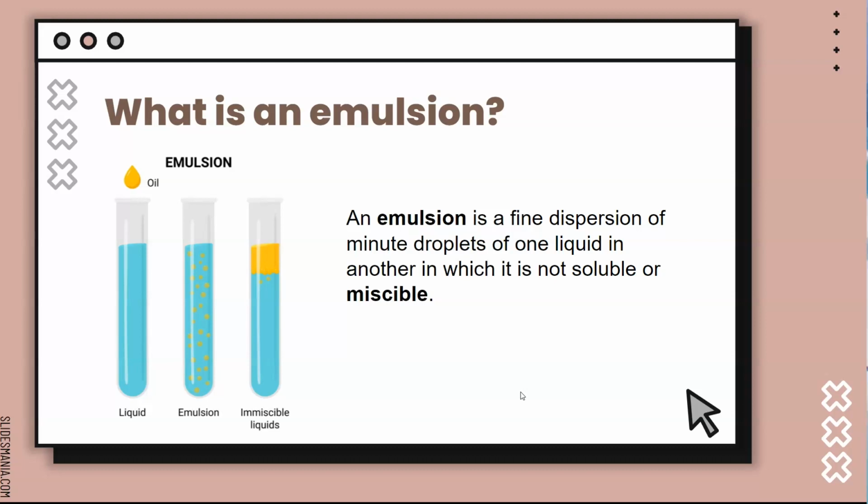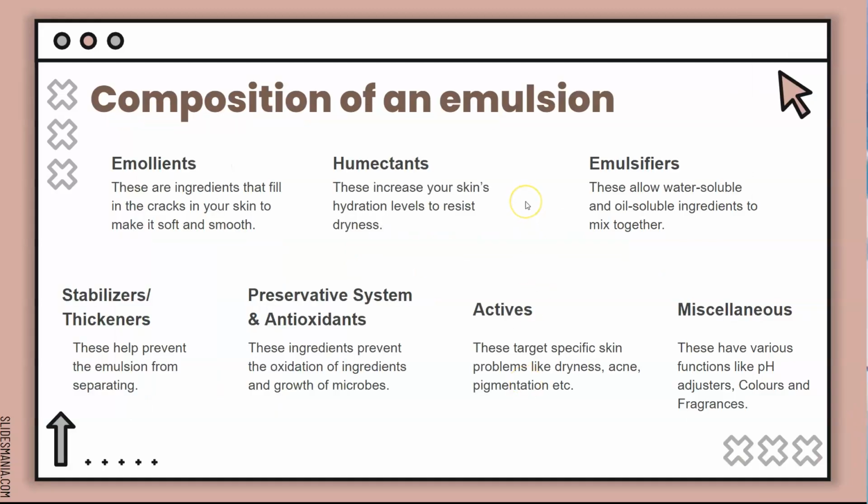Like when you're making vinaigrette, no matter how much you mix it, if you don't have an emulsifier to bind it together, it would stay separate. So anything that has oil and water in it, or anything that has two immiscible liquids in it, is called an emulsion.